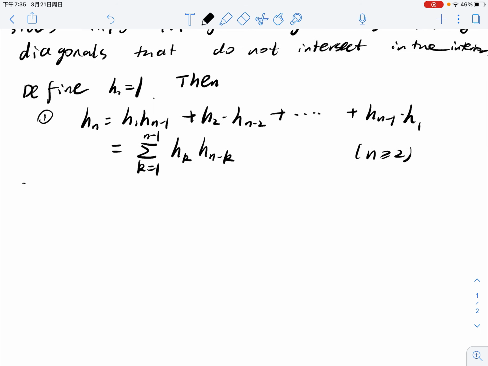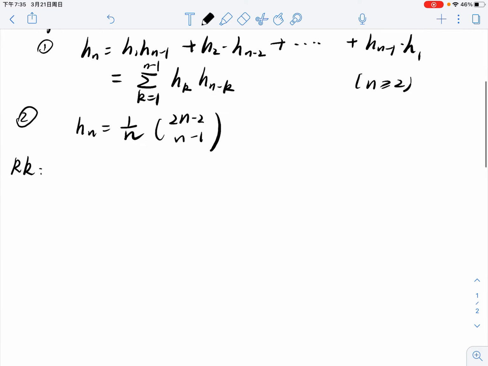And secondly, based on this recurrence relation, we can further derive the actual formula: 1 over n, 2n minus 2 choose n minus 1. Before we give a proof, I first would like to say this is called the Catalan number.